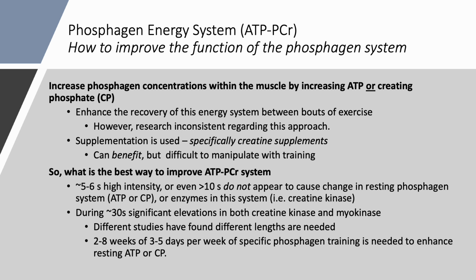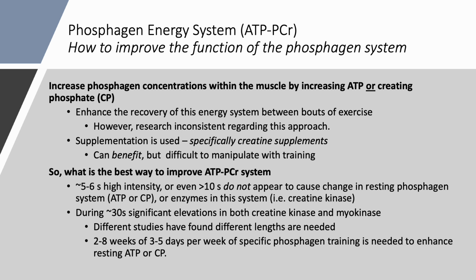After roughly 2 to 8 weeks of 3 to 5 days of training specifically for the phosphagen system, there have been significant improvements in ATP or the CP. Differences among studies and athletes are likely related to the training status of the athlete, their experience, durations of sprint times, and length of training program that they've been participating in.